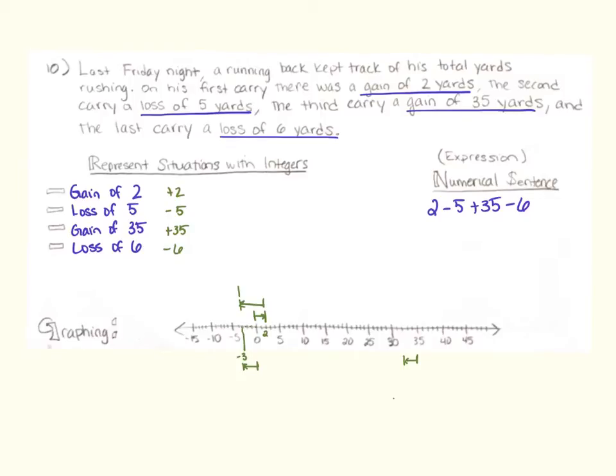So starting from 35, 1, 2, 3, I should end up at 32. Now you can go ahead and count that if you want to. And on a test, if you're unsure, I would count it so that you wouldn't get the question wrong. Alright, so we're at 32.